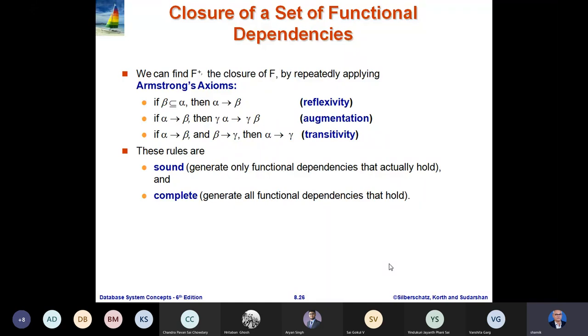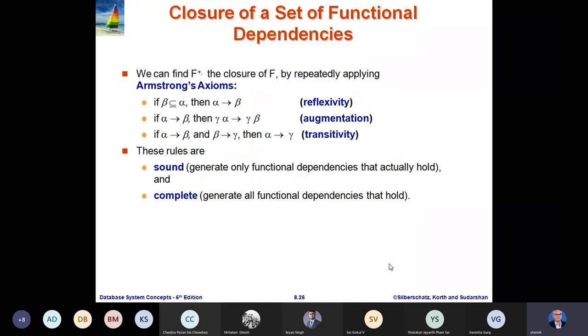What it says is that if beta is a subset of alpha, then alpha functionally determines beta, which is quite obvious. As we said, if id comma name functionally determines name, then we have name is a subset of alpha. So what it means is that alpha will always functionally determine beta. So id name functionally determines beta. So here is the first axiom, that then alpha to beta is always going to hold.